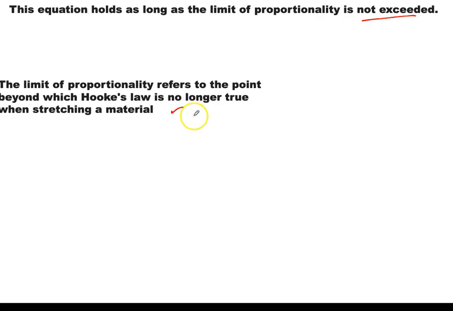At that point, if you insist on applying a force, the material will break. That is the limit of proportionality, and Hooke's law only holds true until the limit of proportionality is exceeded. Once it is exceeded, Hooke's law does not hold again.